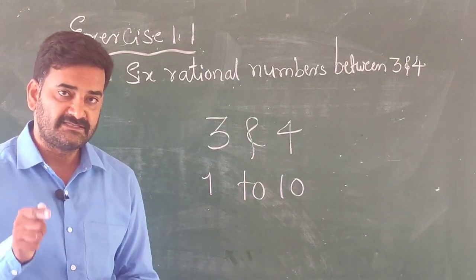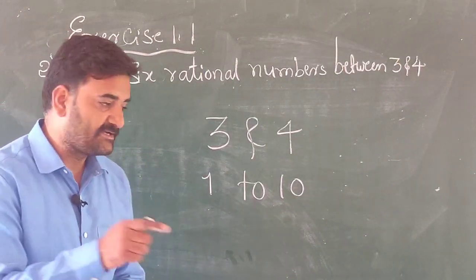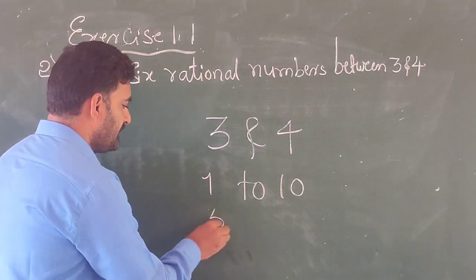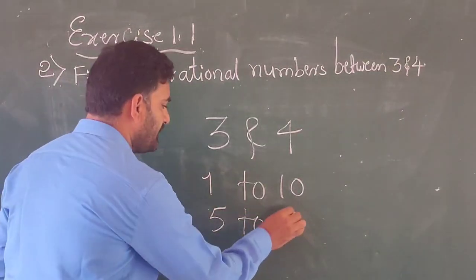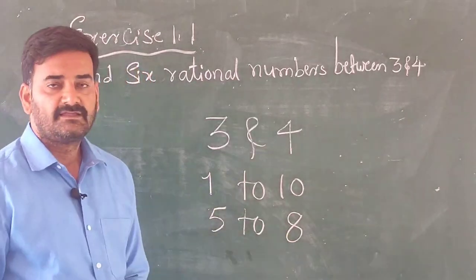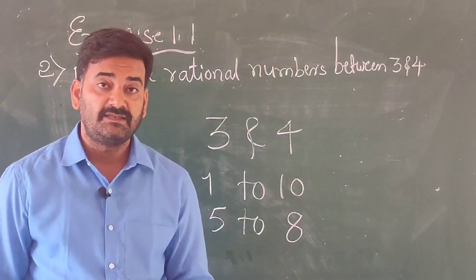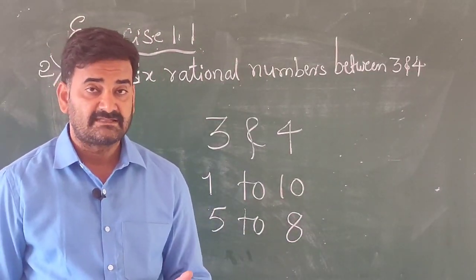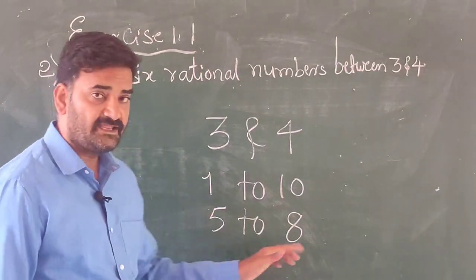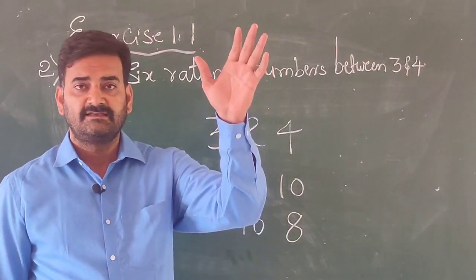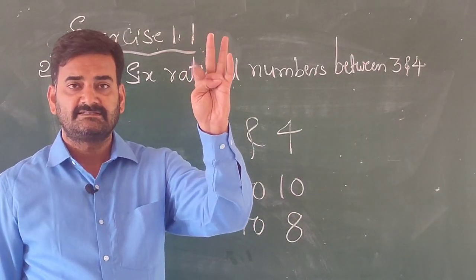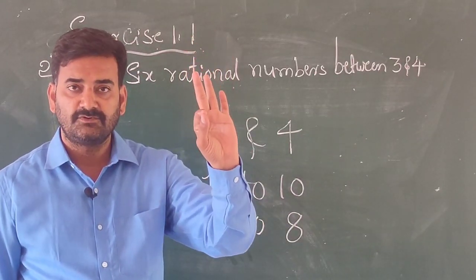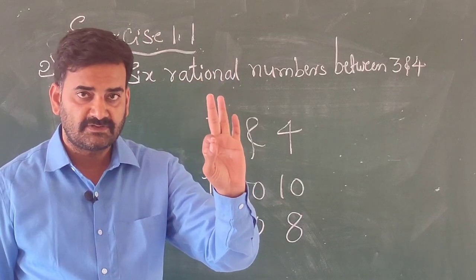You are thinking that. We will discuss what you are thinking later on. One more example, an easier one. In between 5 and 8, how many rational numbers are there? After 5 and before 8 we are not going to count: 6, 7, only 2 rational numbers.